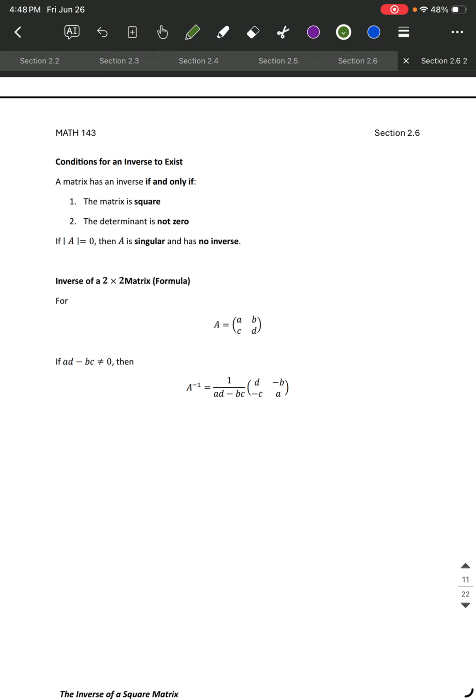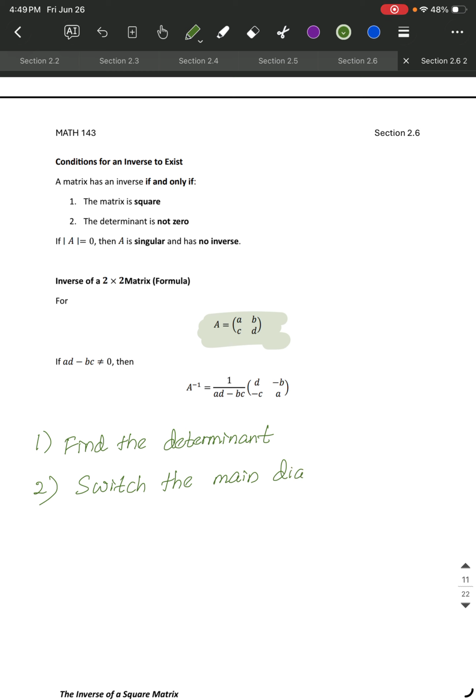Okay, then let's see the formula for the inverse matrix. To find the inverse, the formula for a 2 by 2 matrix: let's say we have a 2 by 2 matrix A with entries A, B, C, D. First, find the determinant. Next, switch the main diagonal entries.